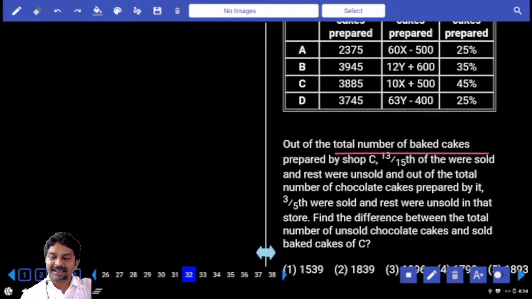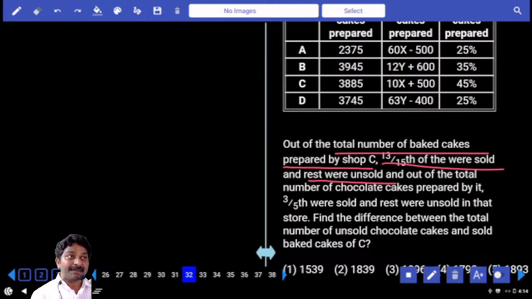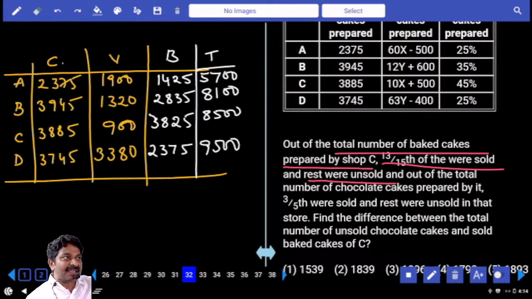Out of the total number of cakes prepared by shop C, 13/15 were sold and the rest were unsold. Shop C baked cakes. How many are there? 3825.